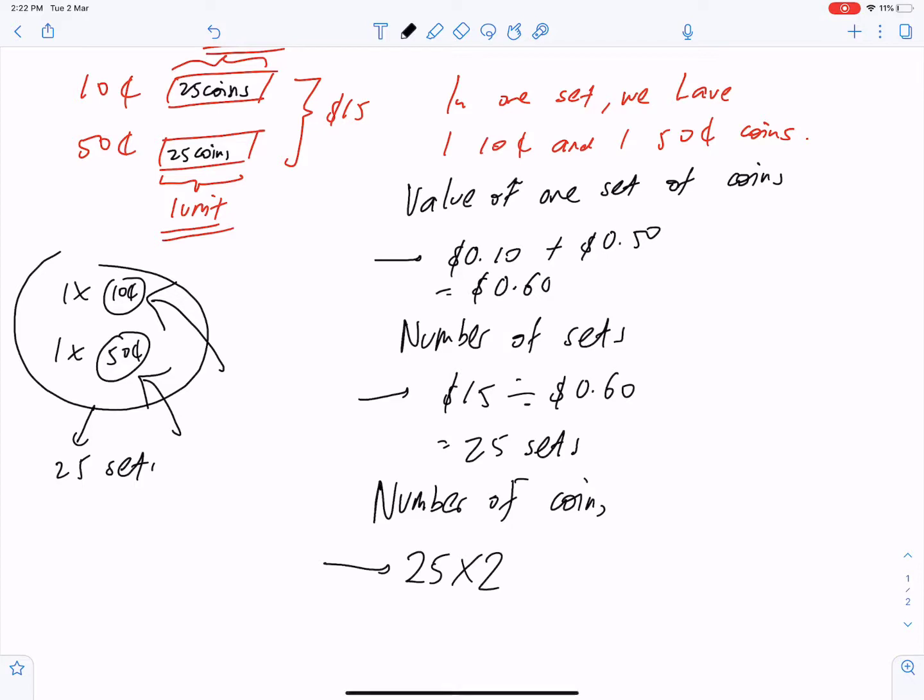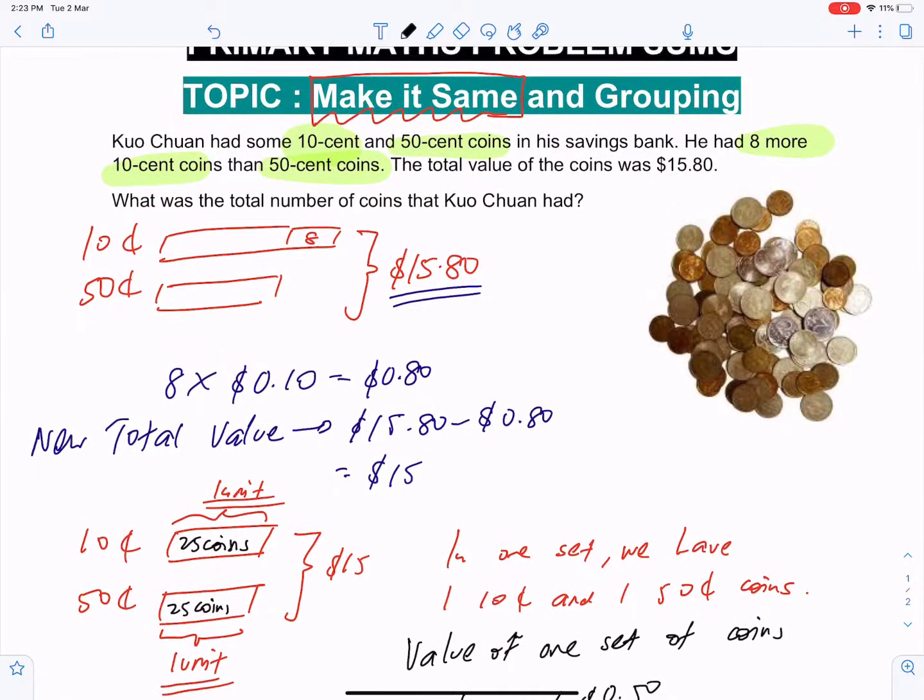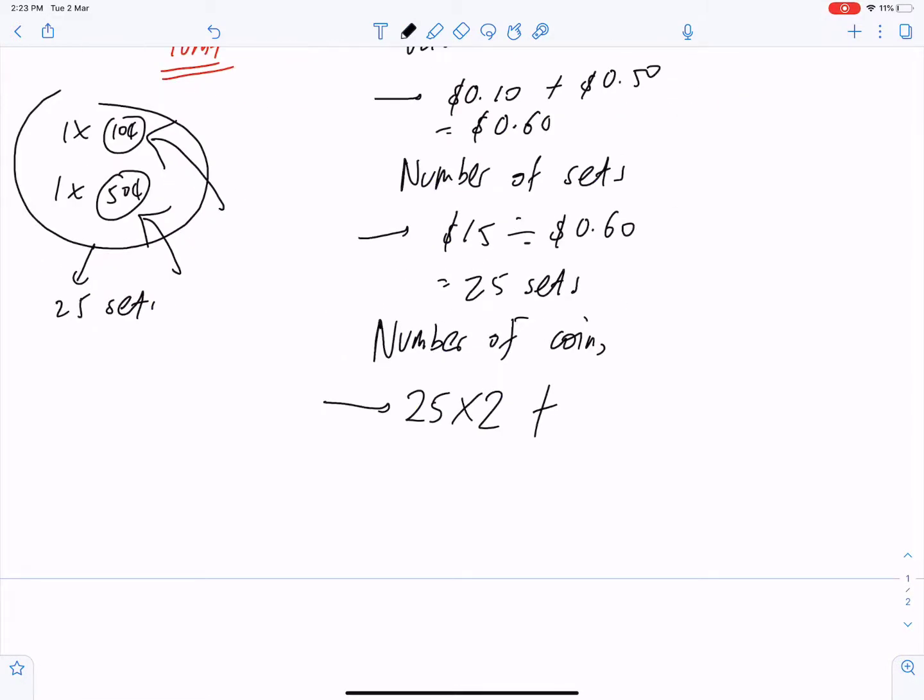Why times 2? Each set has 2 types of coins. So 25 plus another 25 is 50. Plus, don't forget, in actual fact there were these 8 coins that we removed, so we need to add that back in. 50 plus 8, the answer is 58 coins.